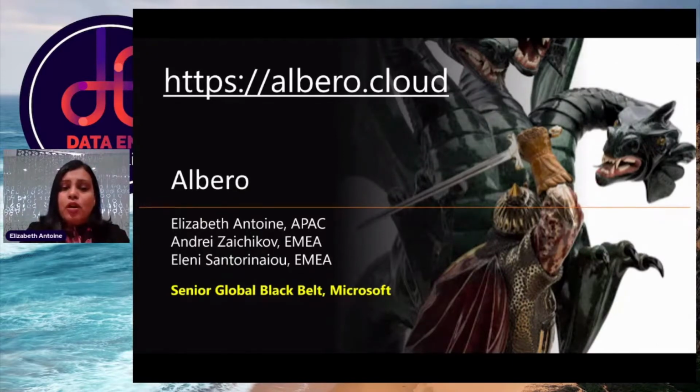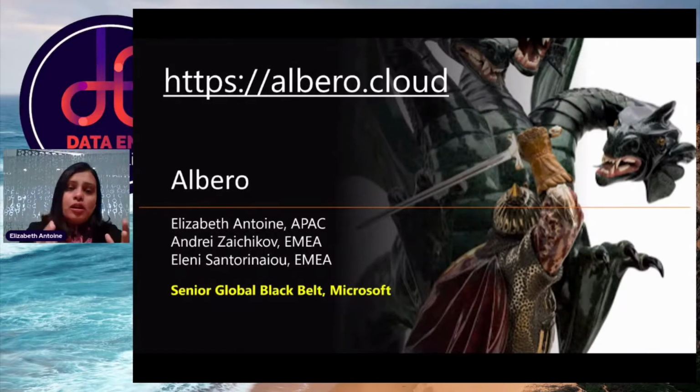I've recorded Eleni and Andre talking about this, so I just want to play that as well. Before I do, I wanted to give you a sense of what we are presenting here. We're talking about Albero, the decision tree. I want to start off with why we built it and the purpose behind that.